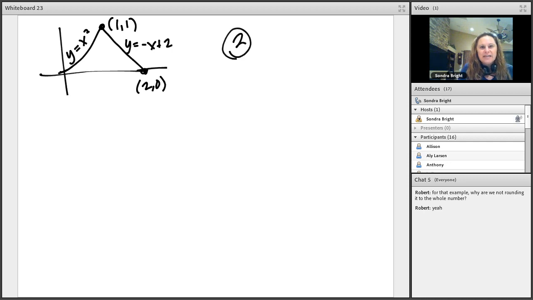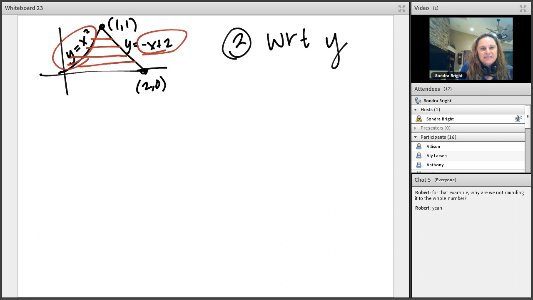Okay, so the second way to do it is with respect to y. That means you're drawing horizontal rectangles. The reason you get to just do it once is that every horizontal rectangle you draw has this curve on the right and this one on the left, on every single one. As you draw these rectangles, it's not changing; you're not all of a sudden hitting the other curve.